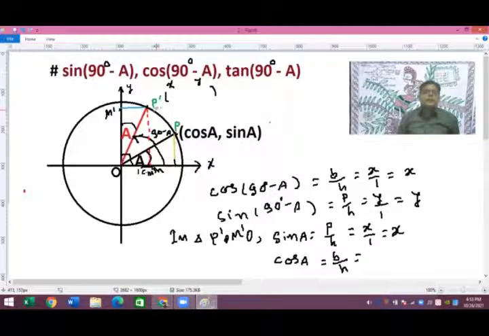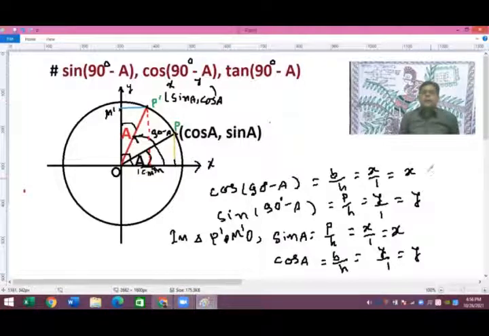In that case what you can say here is that B as the y coordinate, and then H is the radius of the unit circle, which is 1, and hence y coordinate in fact what we have got as cos A. So if you compare point P and P dash, we have the things like in opposite. So what we have got in this case is that in place of x you can write here now sine A, and in place of y you can write, look at here, y equals to cos A, so you can write here cos A.